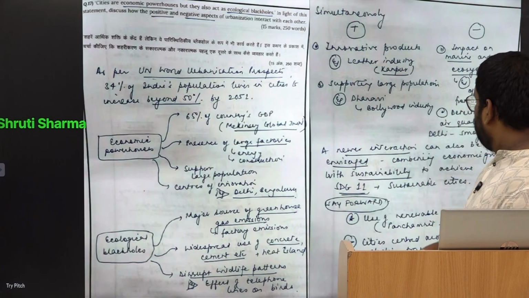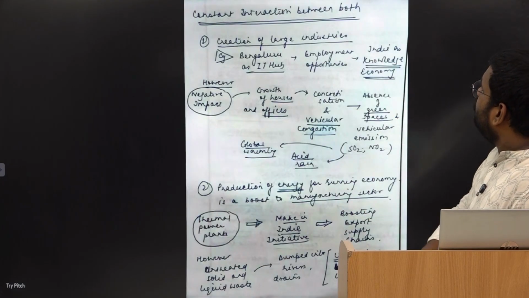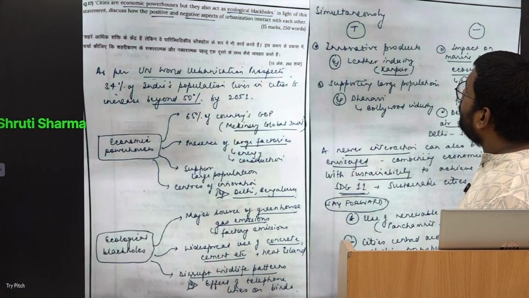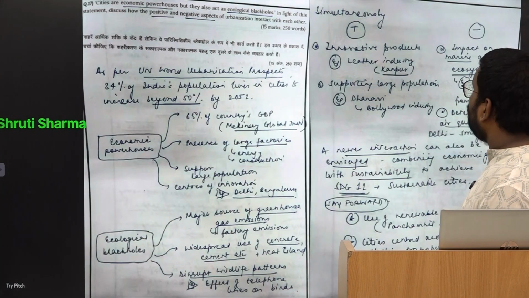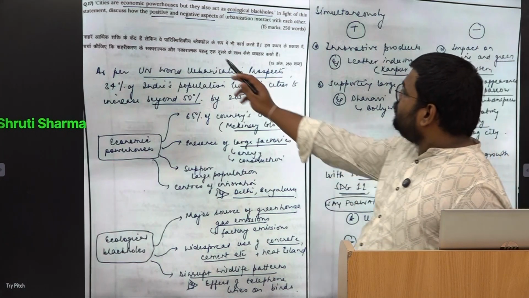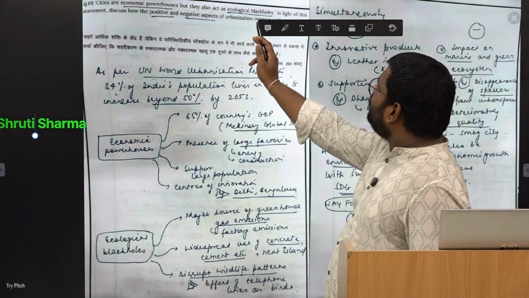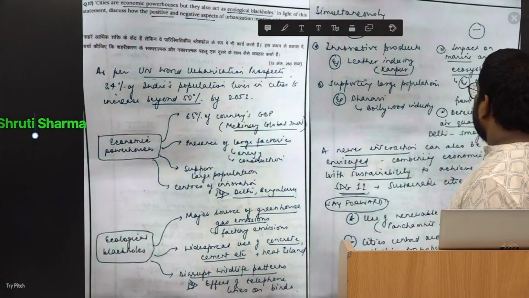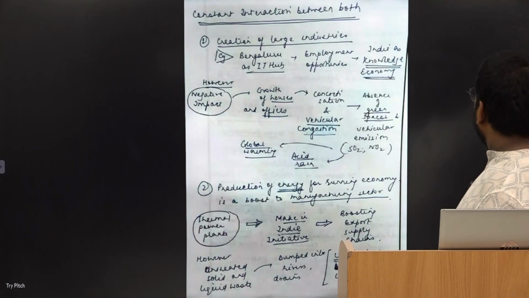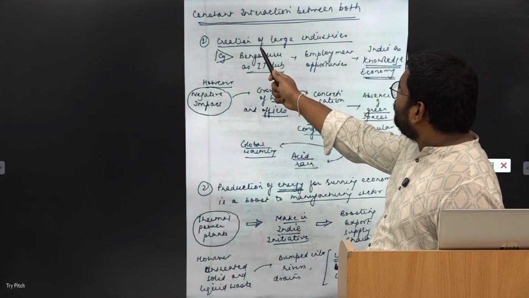Again here also, if you see, not in this one, but here. The question is: cities are economic powerhouses, but they act as ecological black holes. Discuss how the positive and negative aspects of urbanization interact with each other. So in the second part, it is the interaction between the positive and negative aspects.